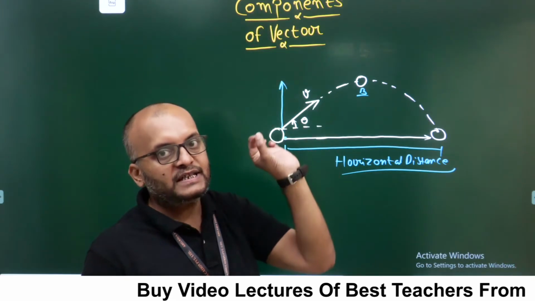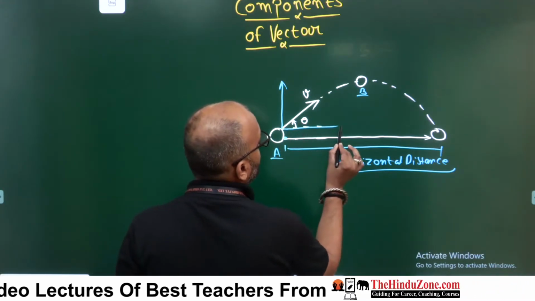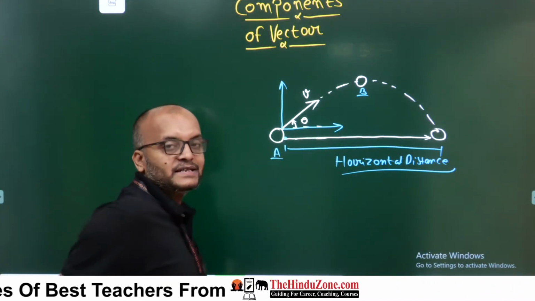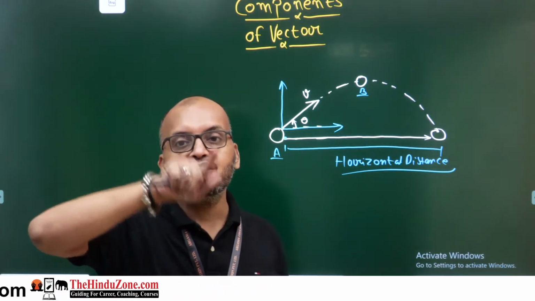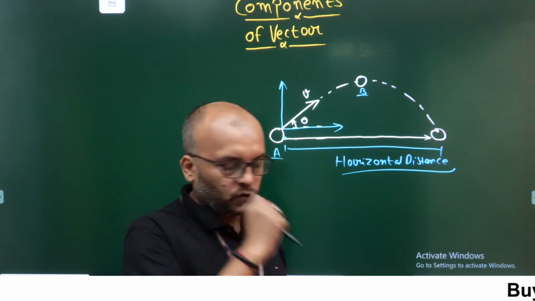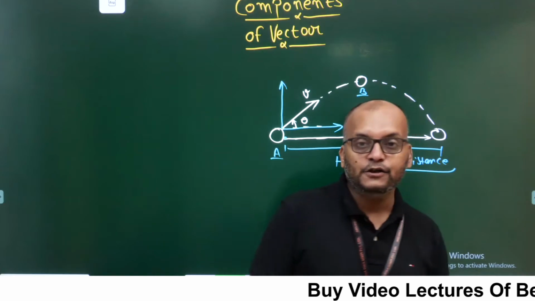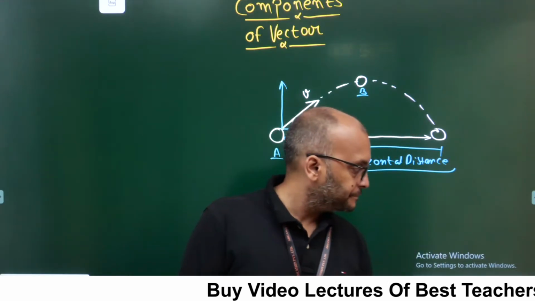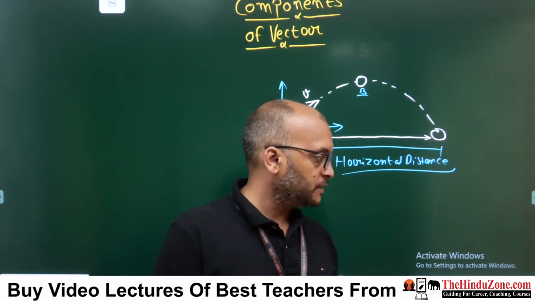Some portion of the velocity is acting upwards and some portion is acting horizontally, as you can see. That is why the ball is moving in the upward direction as well as in the horizontal direction. Tell me yes or no. Is this point clear to everyone? Yes, sir. Okay.